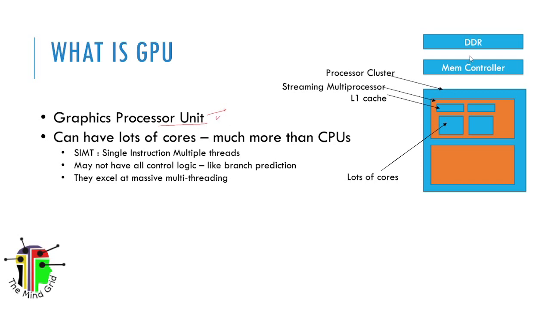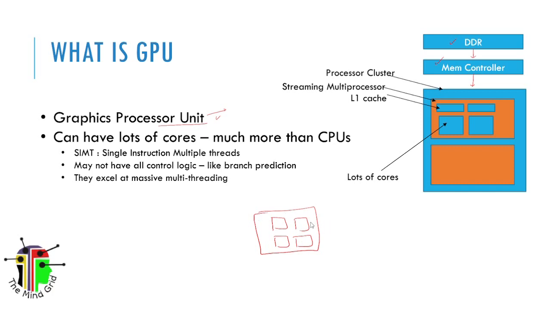Their structure looks somewhat like a CPU. You have access to an external memory, you have your memory controller, so data can flow towards your cores. In a normal CPU, you would have a whole bunch of cores, 8, 16, 32 cores or so inside a CPU.